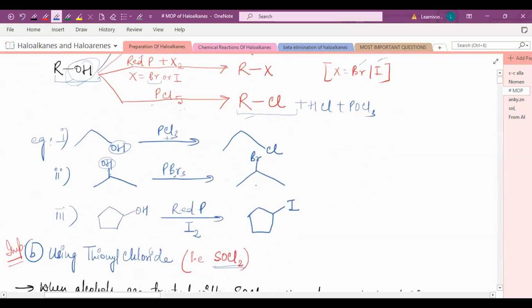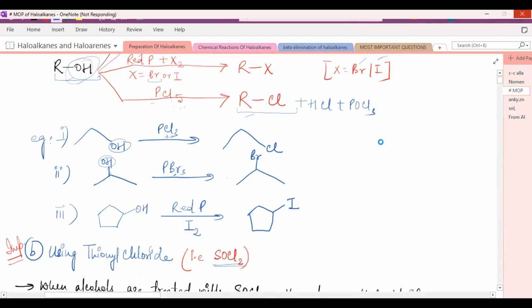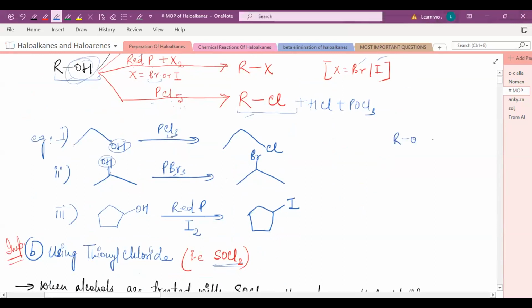Okay, see this example. First is CH3CH2OH. As I told you, when you treat ROH with PCl3, this OH group is removed and replaced by the chlorine group, and you will get RCl.